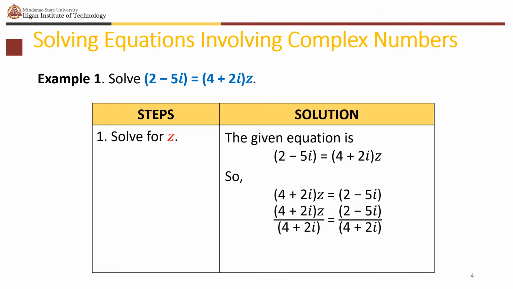To isolate z, we divide 4 plus 2i times z by 4 plus 2i, and divide 2 minus 5i by 4 plus 2i. And we have the following: z now equals 2 minus 5i over 4 plus 2i.